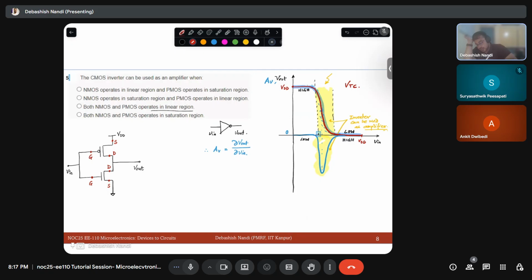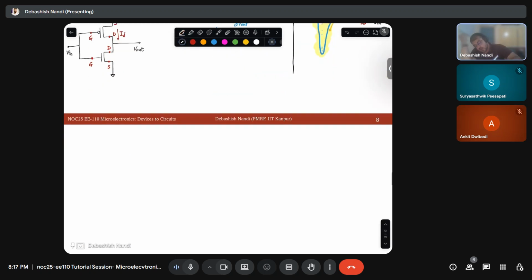Let's say the current flowing is ID. So the same current will flow through NMOS and PMOS, all right? So we will draw a curve.